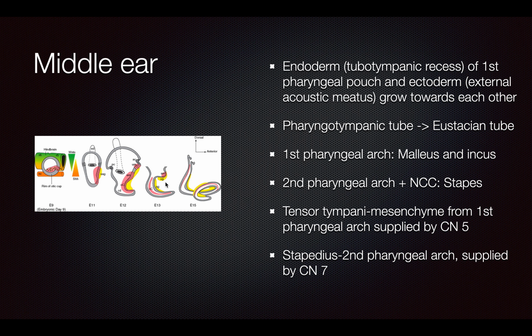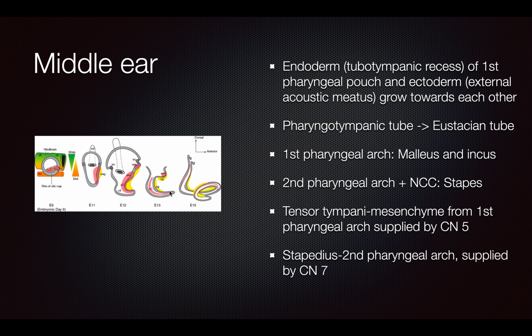Okay, so the middle ear is going to be formed from the endoderm. That makes the tubotympanic recess of the first pharyngeal pouch, and the ectoderm is going to form the outer ear. Those grow towards each other, so you can see here.